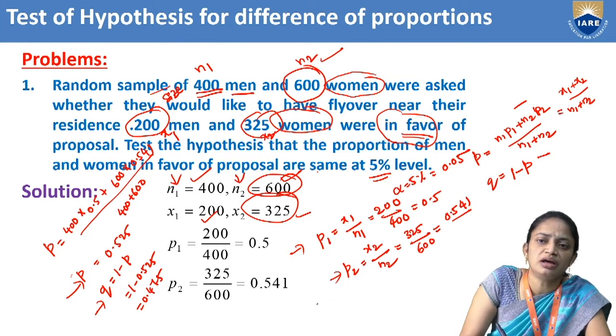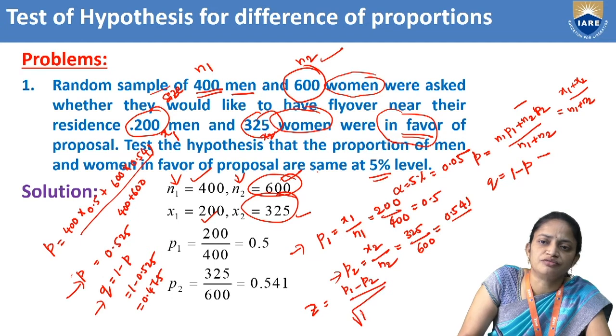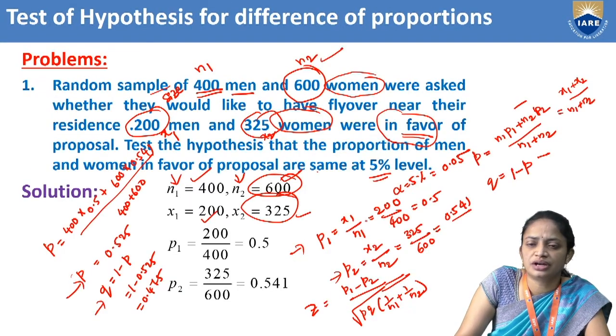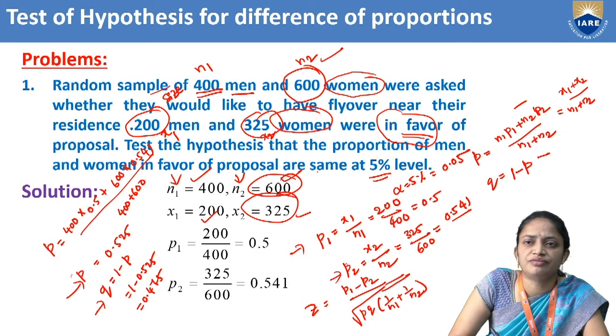So which formula is suitable for this question? That is P1 minus P2 divided by under root of PQ into 1 by N1 plus 1 by N2. This formula is suitable for this question, so according to it we can find the solution.